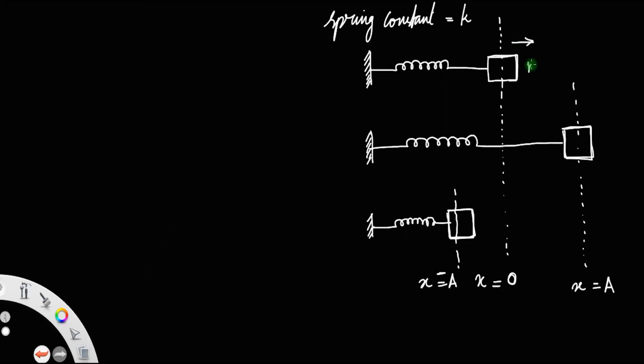Let m be the mass of the body attached. Let's call this point O, this one L, and this one M. Clear?